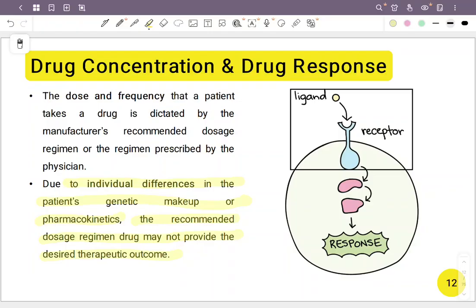However, in another person, kay patient B, kunwari, if mainom siya 500 milligram nga paracetamol, ang maabsorb lang niya kay 50%. So, that is an example of difference in the genetic makeup or pharmacokinetics of our patient in terms of drug.